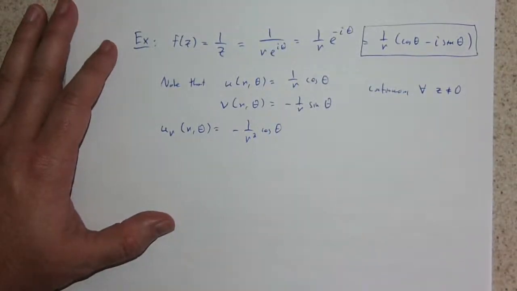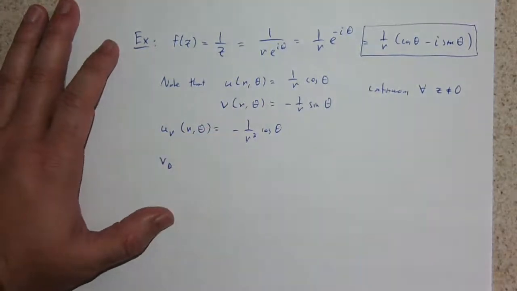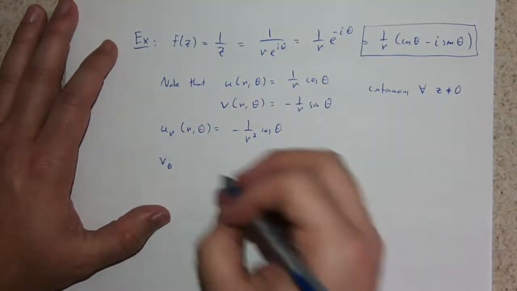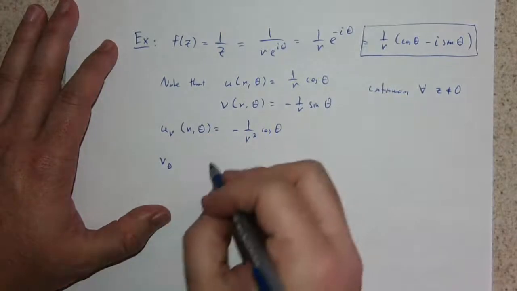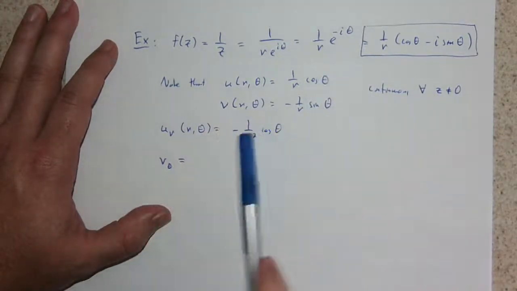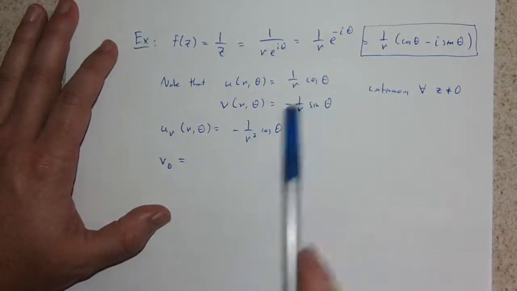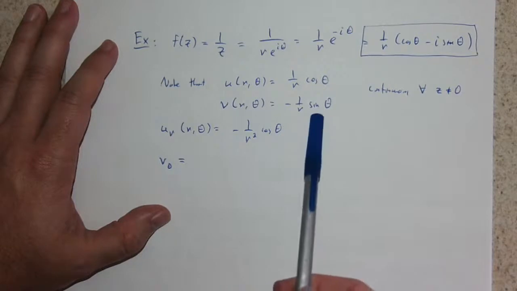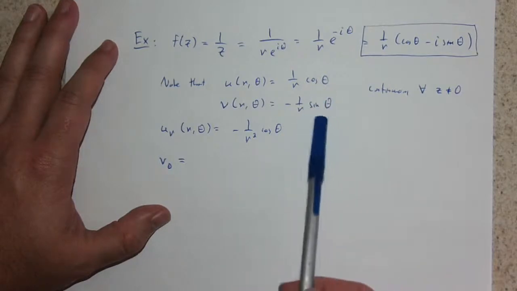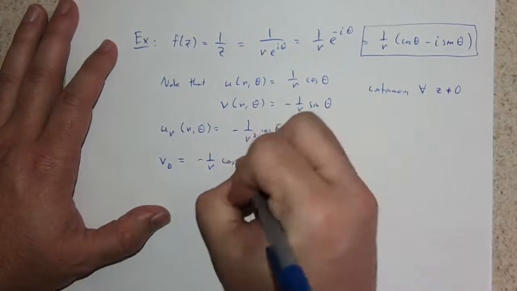What is v sub theta here? Okay, so v sub theta is equal to the derivative of minus 1 over r sine theta, so only the sine theta matters here, so this is minus 1 over r cosine theta. Okay.